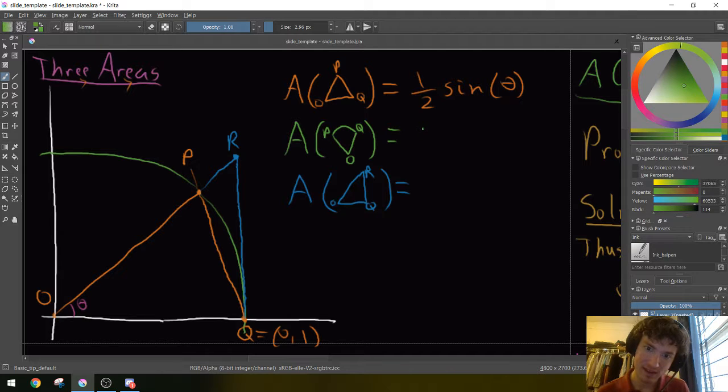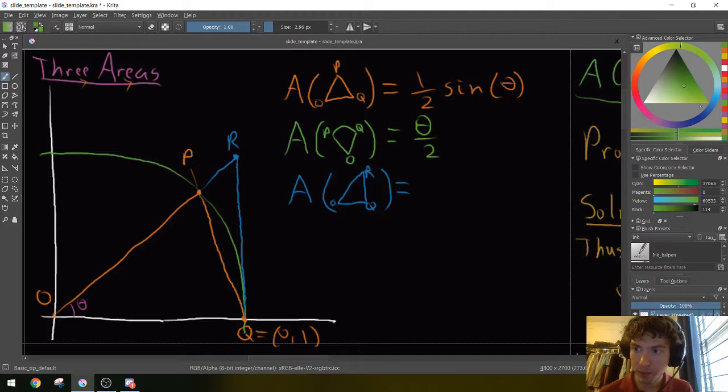Pi is the total area, so the total area is pi. The fraction we have is theta over 2 pi, and the pi's cancel, so it's theta over 2. Good. Okay, so this whole thing's theta over 2.